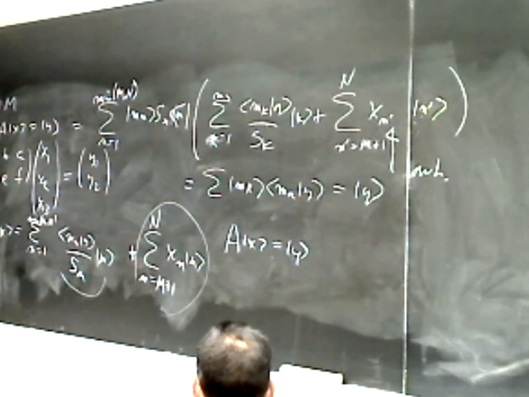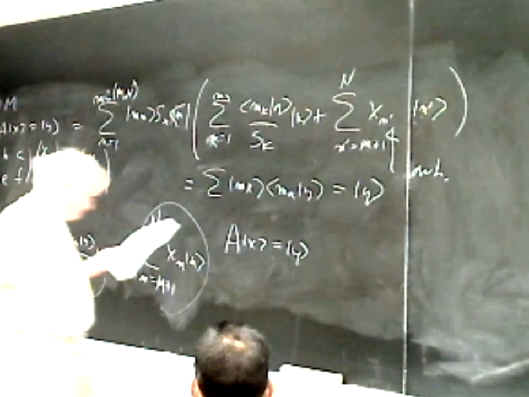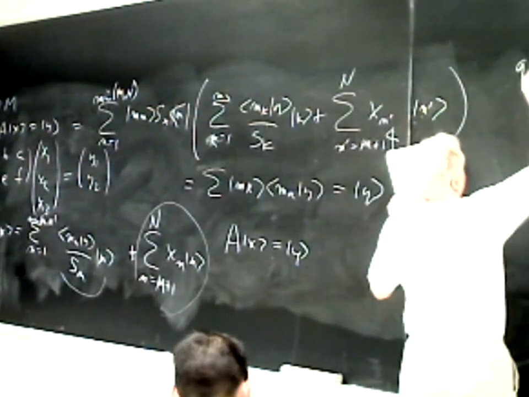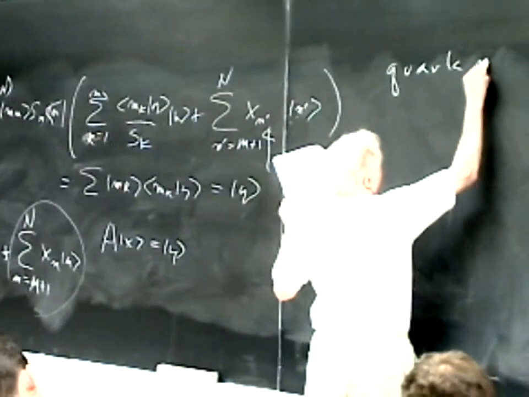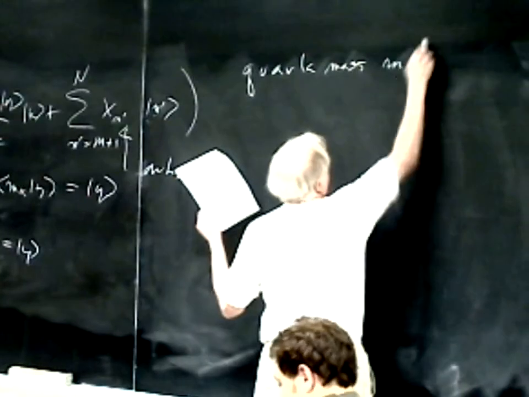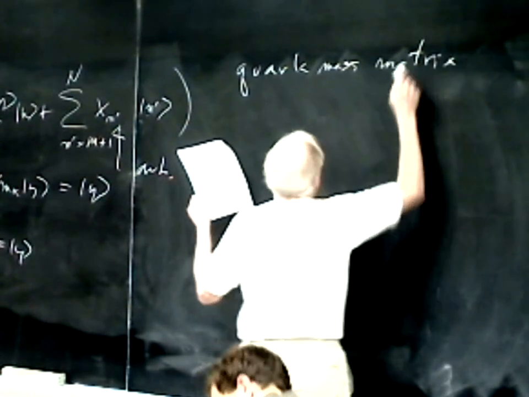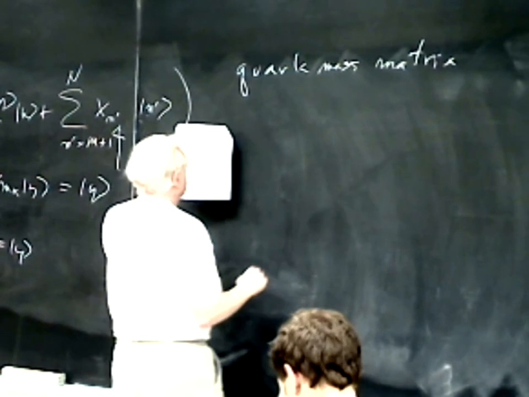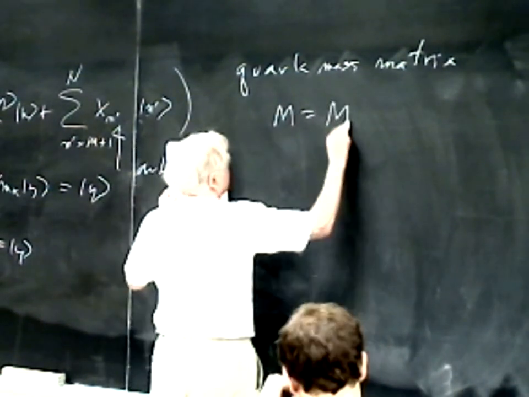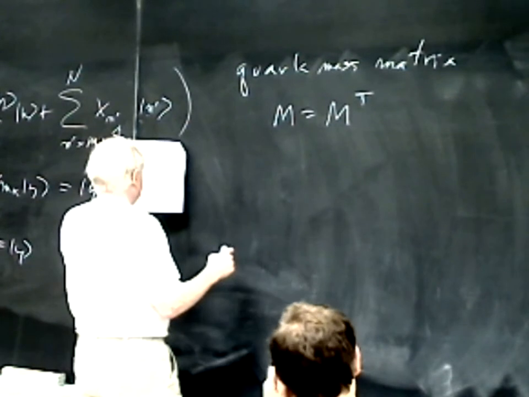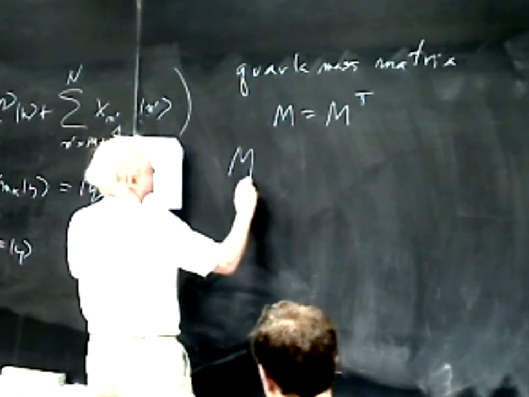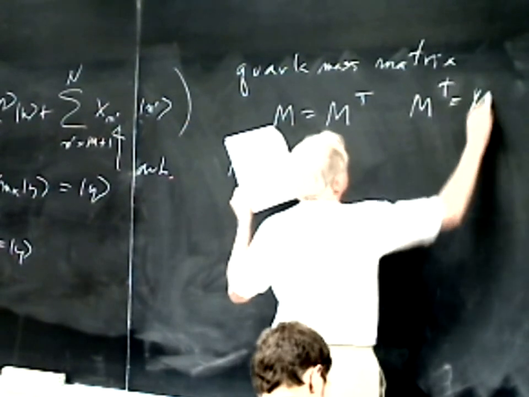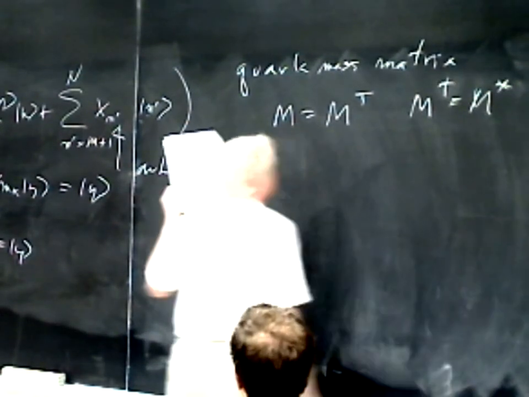Now, in the standard model of particle physics, there's the quark mass matrix. And this is a symmetric matrix M. So M is equal to M transpose, and M dagger consequently would be equal to M star.